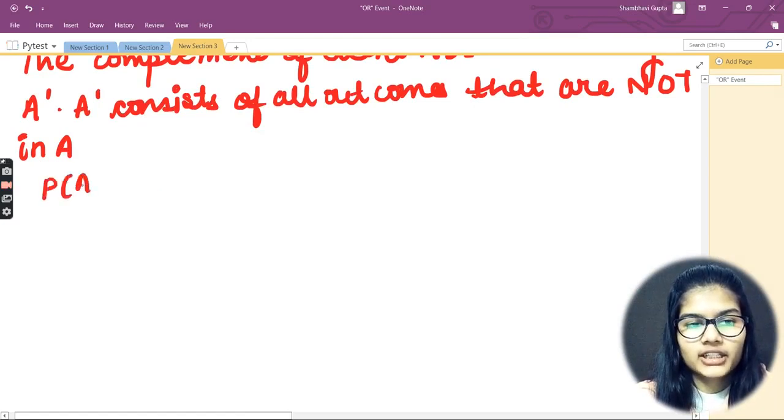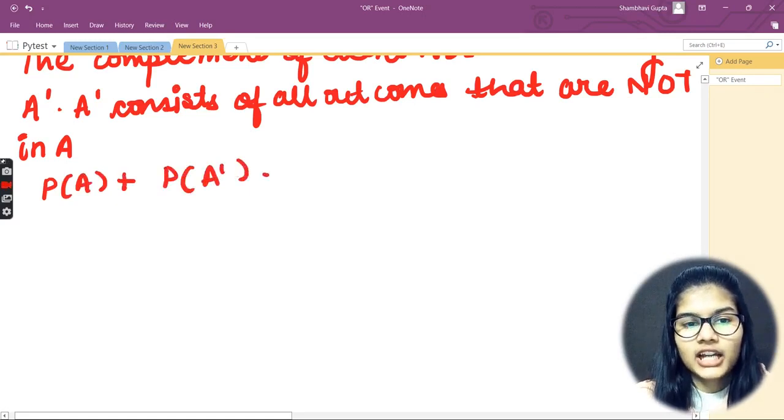If I write the probability of A plus the probability of A prime, that will be equal to 1. This is one thing which we have here: probability of A plus probability of A prime is equal to 1.